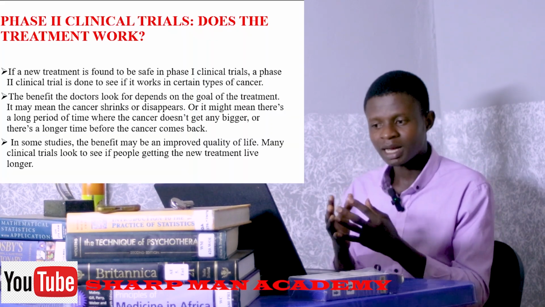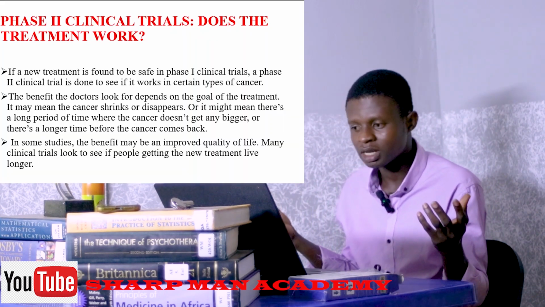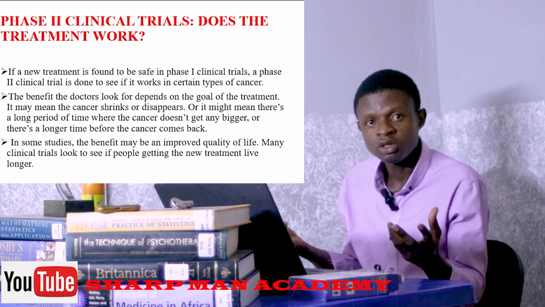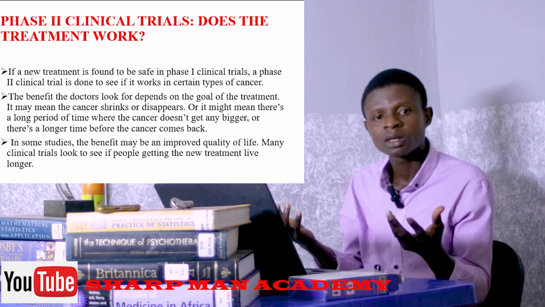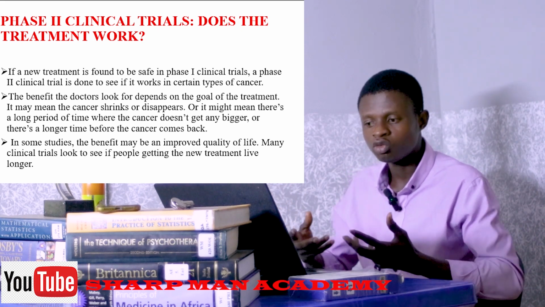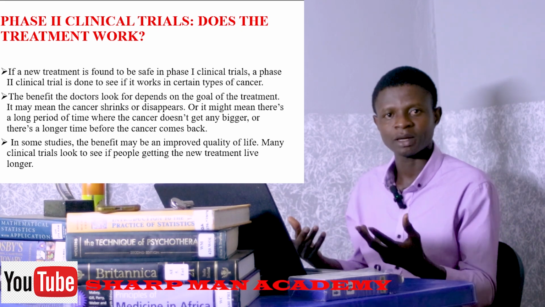And then in some phase 2 clinical trials, the benefit might also be to improve the quality of life, not only to treat a certain condition, but also to improve quality of life and make people get better. If it is palliative care that we are providing, then it means that we want to make the livelihood of people better.